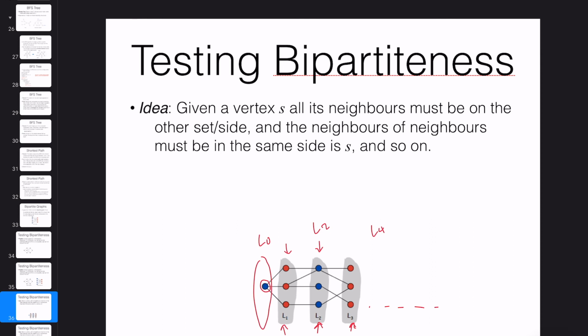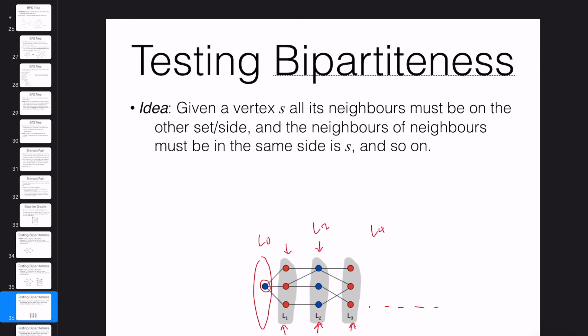Okay, so this way, if you take any node, it doesn't matter which node, and you run the BFS, just by looking at the layers in which you visit the nodes, you can get two different sets: all those nodes that have been visited in the even layers, and all those nodes that have been visited in odd layers. And basically this even and odd layers tells me the distance, right?